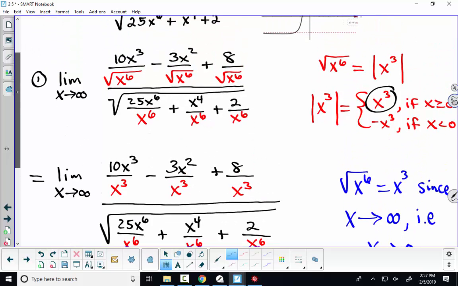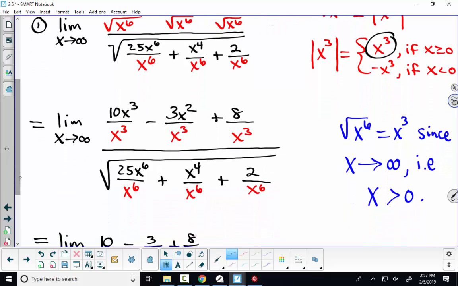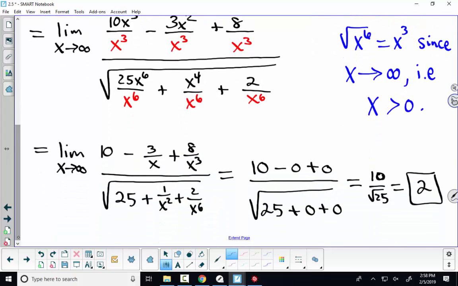What changes in all of this stuff that we've just computed? Minus x cubed. Yeah, as x approaches negative infinity, for all negative numbers, we have to not divide by x cubed, but we have to divide by a negative x cubed. So that's what's going to change in the next computation.